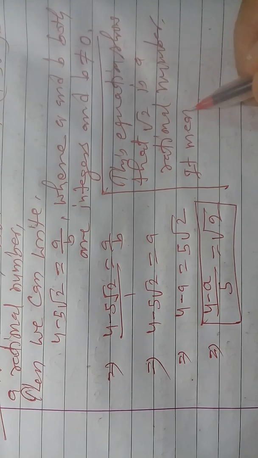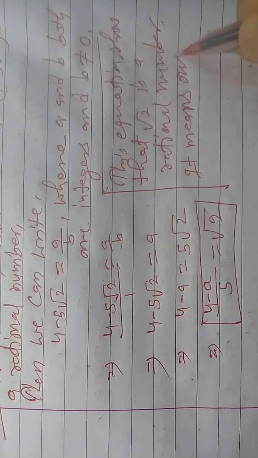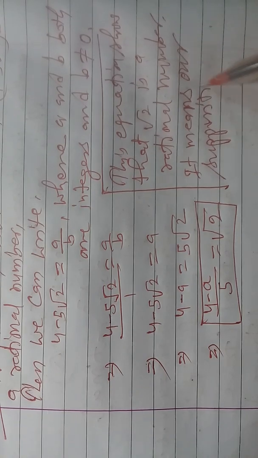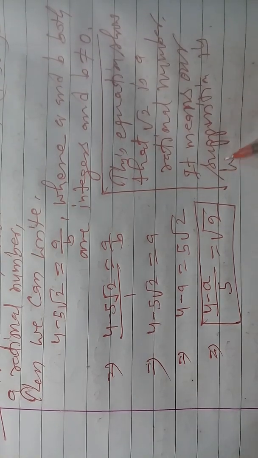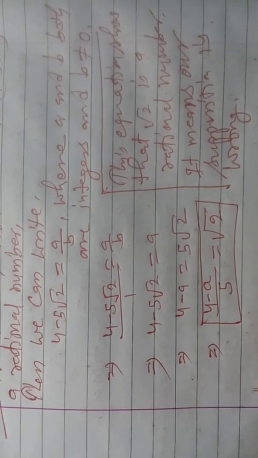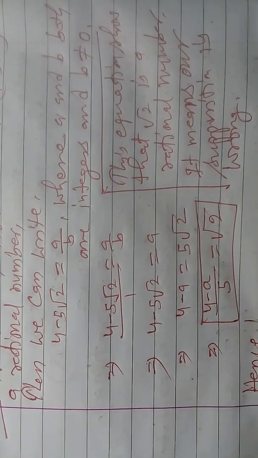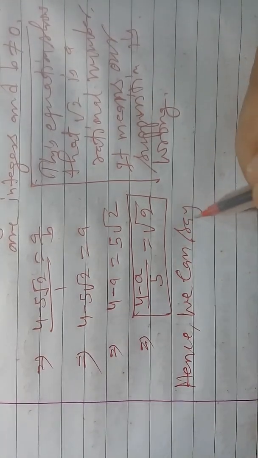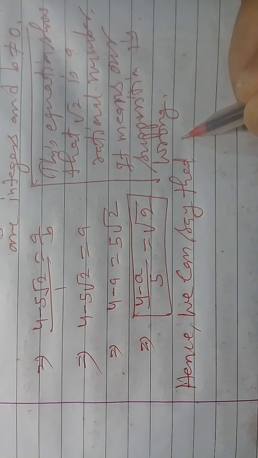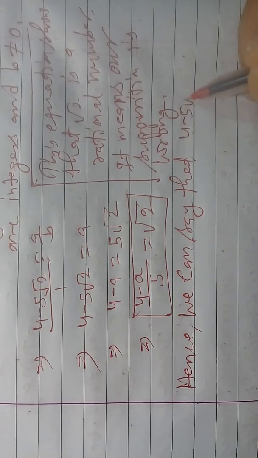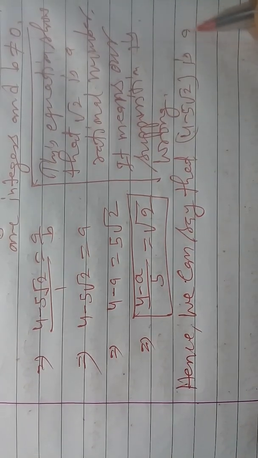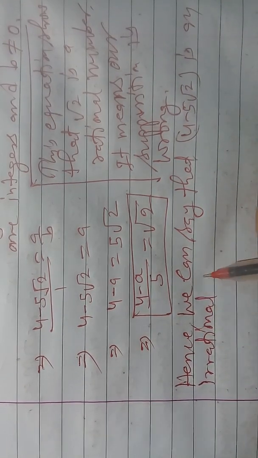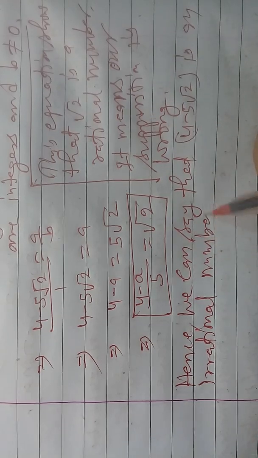It means our supposition is wrong. Hence, we can say that 4 minus 5 root 2 is an irrational number.